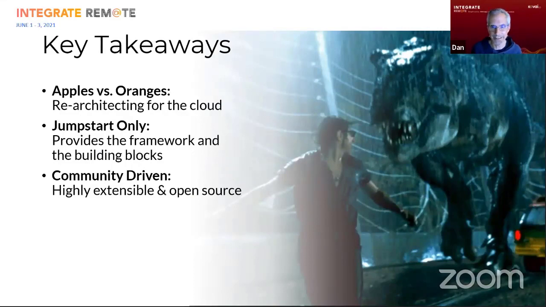Remember that this is not a lift and shift scenario. You're re-architecting to the cloud, but this tool will give you an enormous accelerator to that process by jumpstarting it with a framework and the building blocks, and being able to translate quite a bit of the standard things you do in BizTalk. And it's community driven, so we really want you to get involved and help them build this product so that we can start moving applications to the modern cloud architecture.